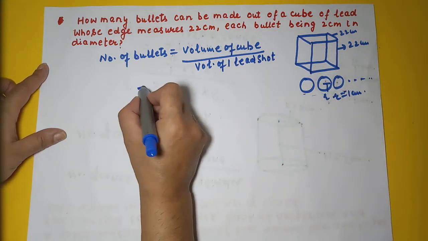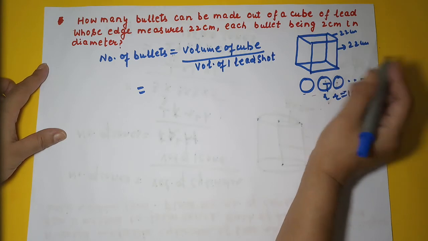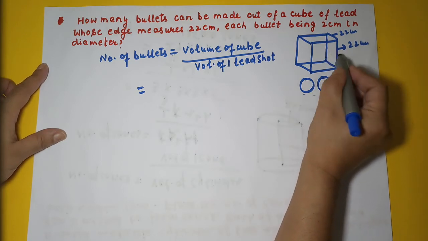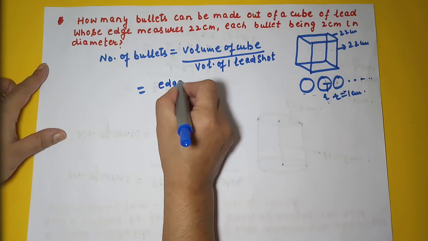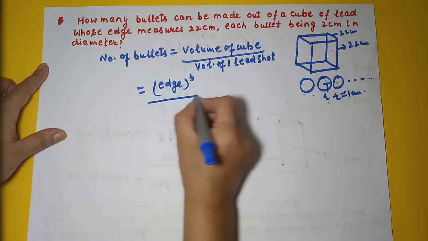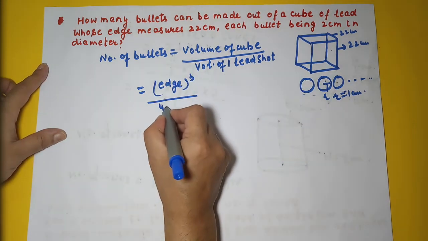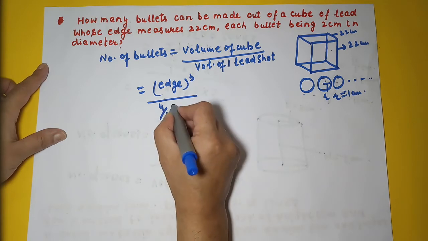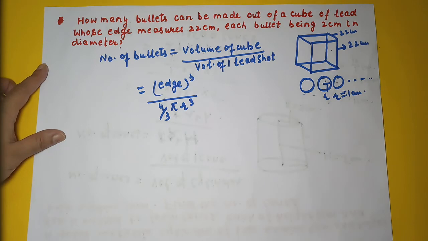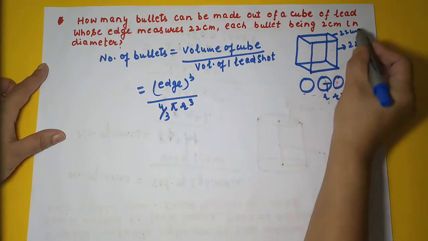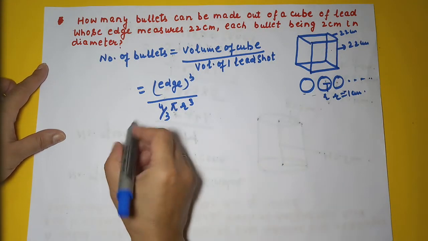Okay. Since this is a cube, we know that volume of cube is edge cube, and this is the sphere, and we know that the volume of sphere is 4/3 pi r cube, right? Now tell me, do we have the value for pi here? No, we can use 22/7.